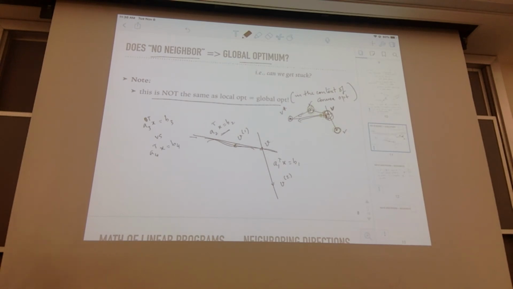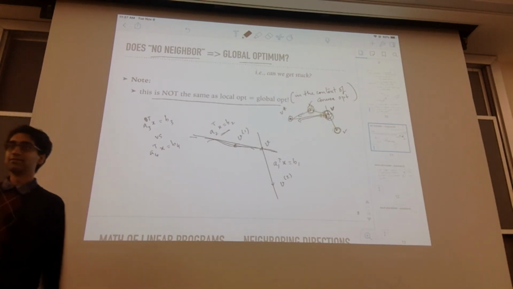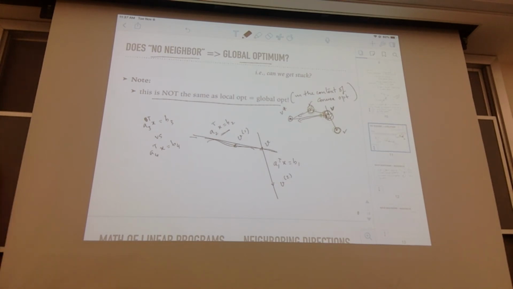How will these 2 points look like? So the intersection of this line with one. Only one of these intersections will be feasible.